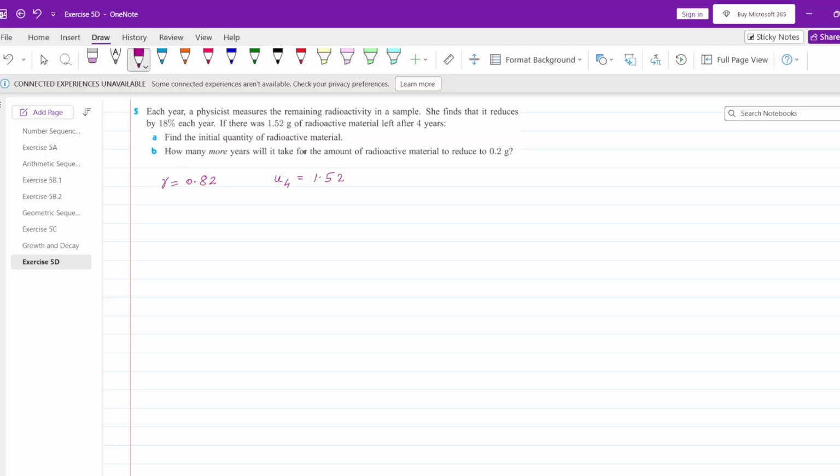Find the initial quantity of radioactive material. So we know U4 equals U0 R raised to the power 4. This is 1.52 equals U0 times 0.82 raised to the power 4. So we can say U0 equals 1.52 divided by 0.82 raised to the power 4, which is 3.36 grams.